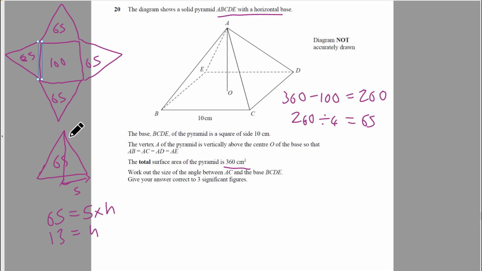Now I know it's a triangle's base times height divided by 2, but can you see we've got 2 triangles here, so we don't need to divide by 2 here. So h equals 13. That's going to earn us some method marks. So that's going to be 13.